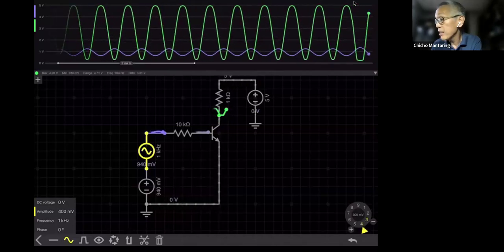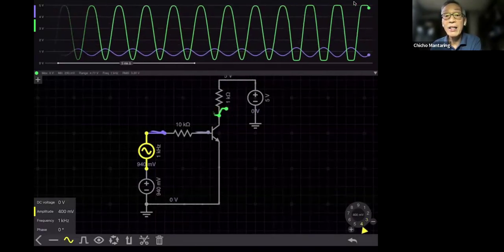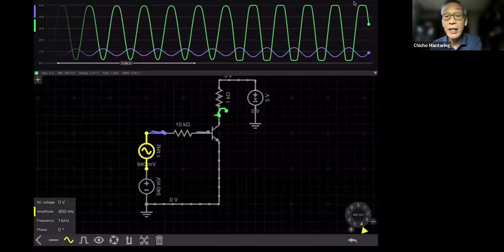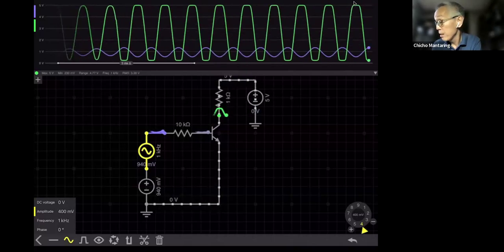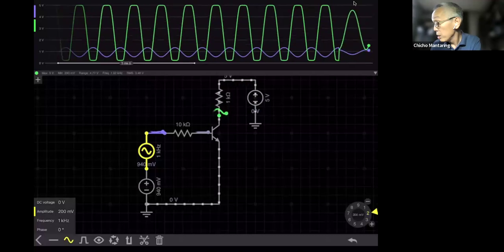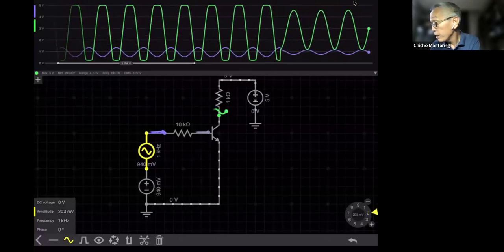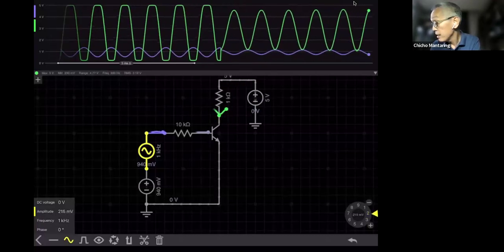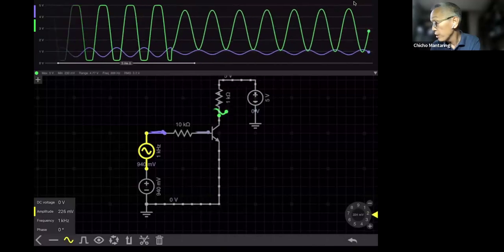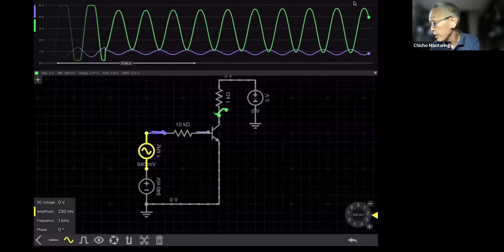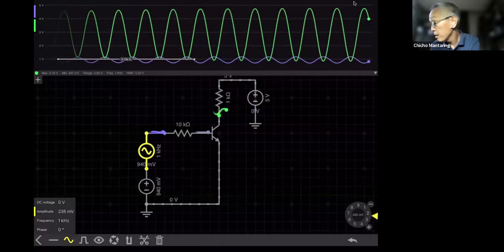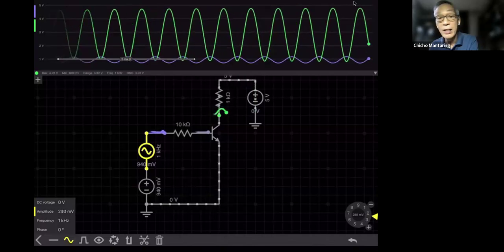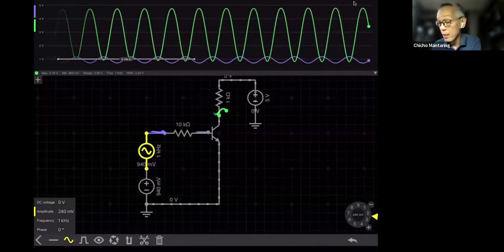If I further increase, it further flattens. So you see that the output is no longer a replica of the input. So let's bring it back to 240, which it was earlier, because this is the optimum that we saw. Now it's back to 240.